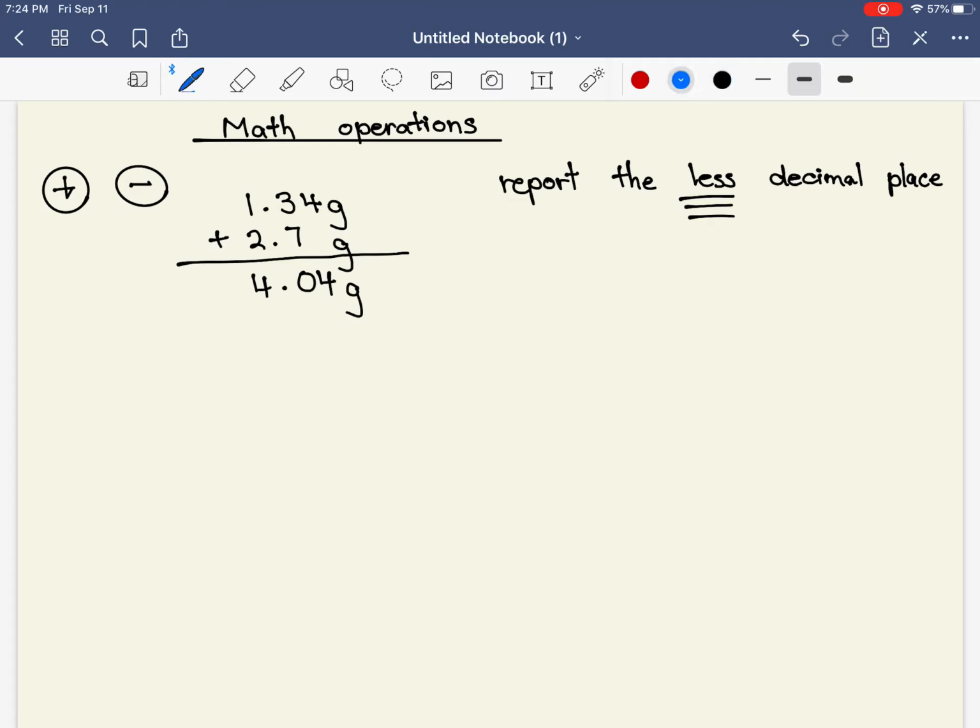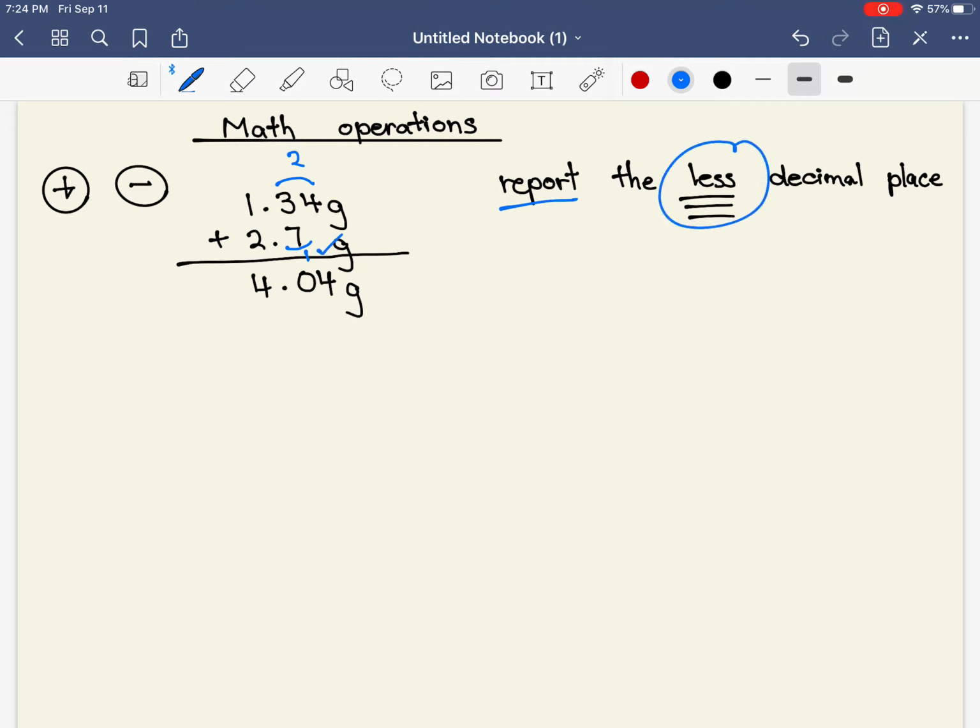So take a look at the first number, 1.34. There are two decimal places, or decimal values. 2.7 has one decimal value. Well, two versus one, who wins? Because I want to report the one that has less.